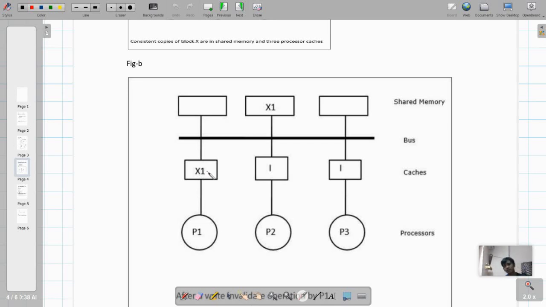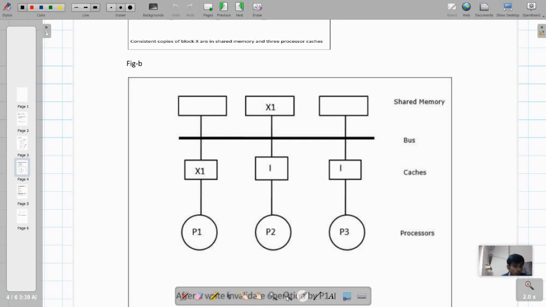And if the memory update policy is write-through, when this update happens, the value in the shared memory is updated at the same time. But now there is no cache coherence problem. Why?